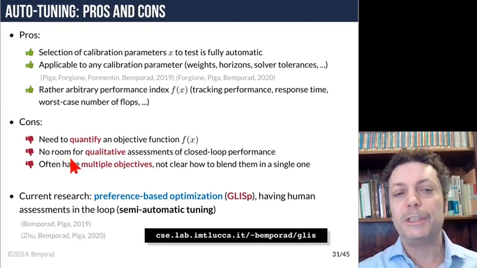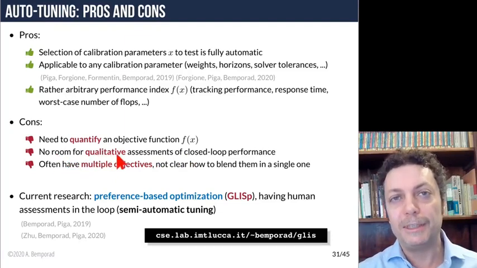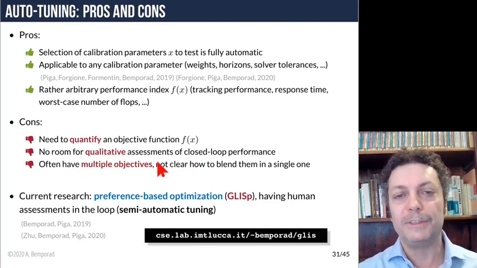And also, this approach doesn't leave any room for qualitative assessments. So the result is purely driven by the numbers you get out of the cost function. It doesn't leave the judgment of the calibrator in the loop while optimizing.